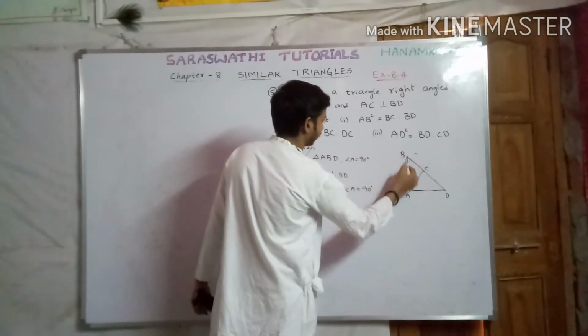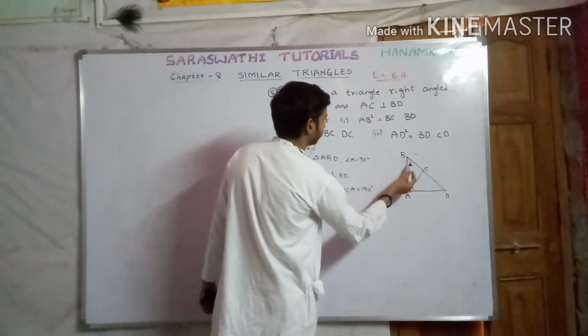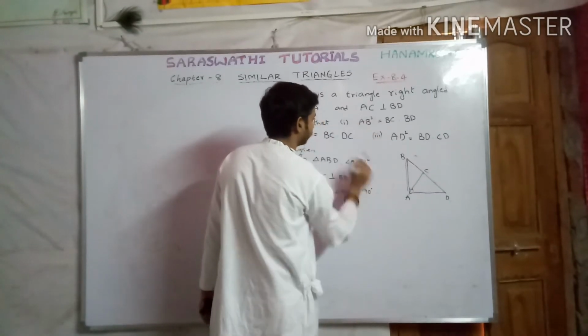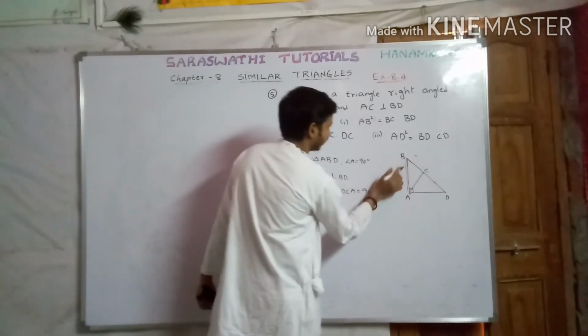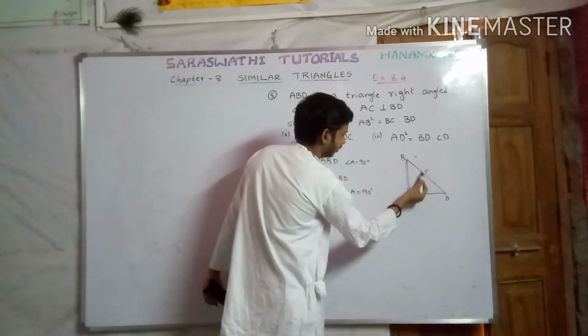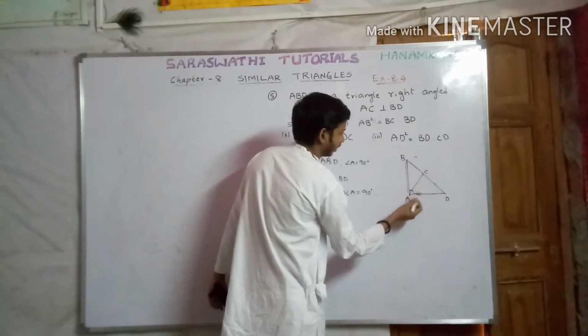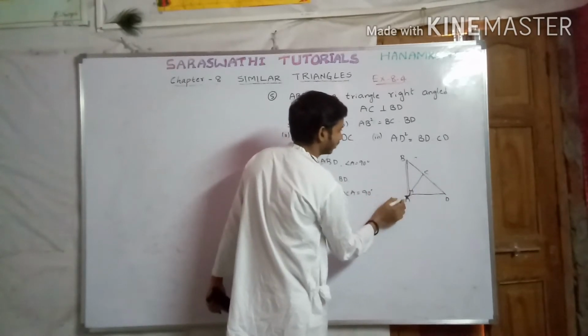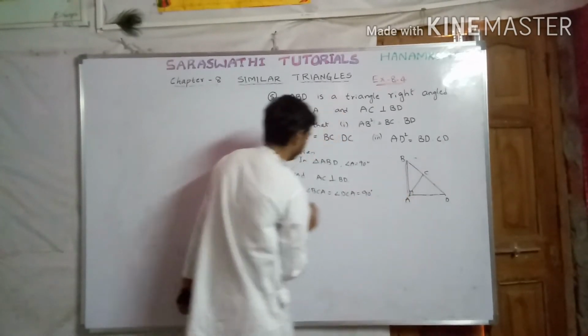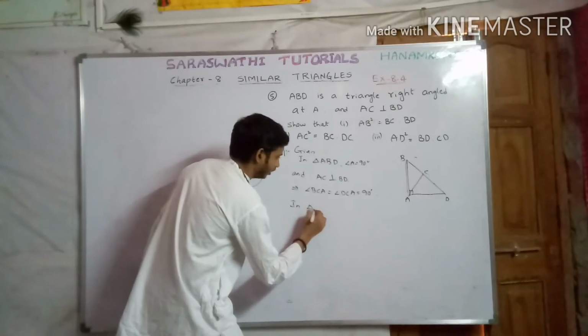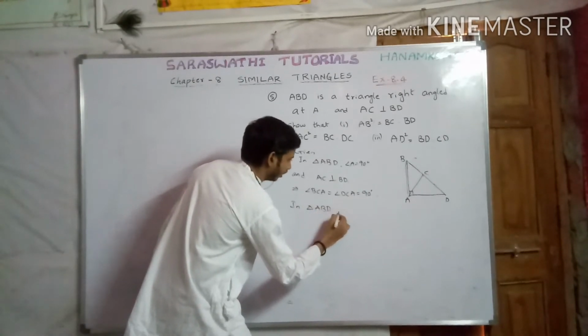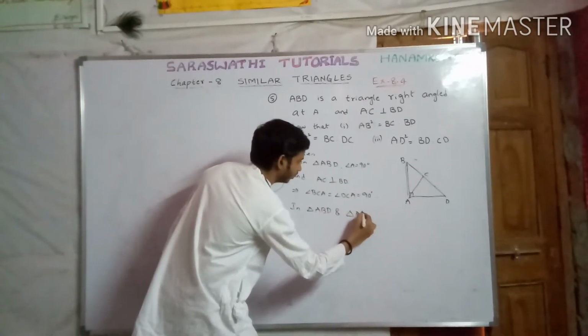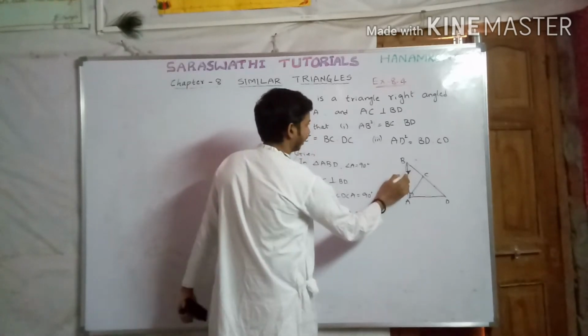So AB square equal to BC into BD. That means AB must come twice. In triangle ABC there is AB, and triangle ABD also consists of AB. So consider two triangles, triangle ABC and triangle ABD. In both triangles, angle B is common.